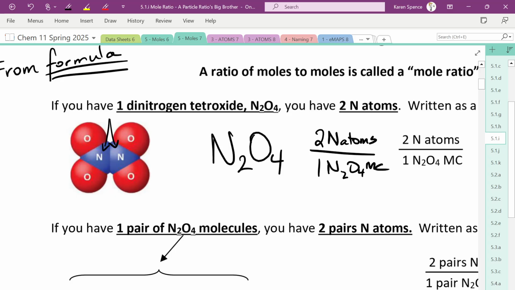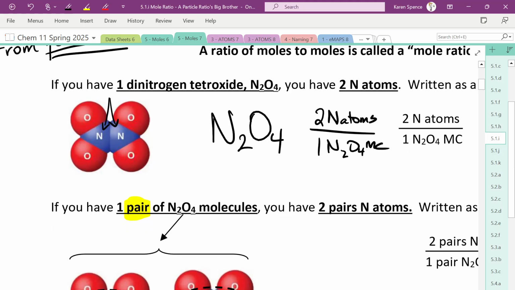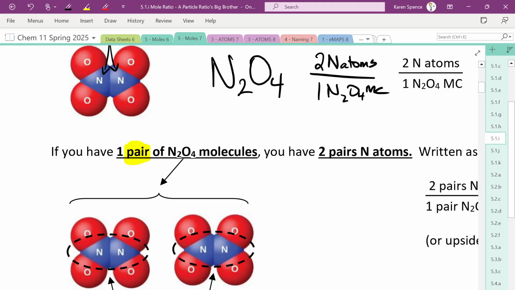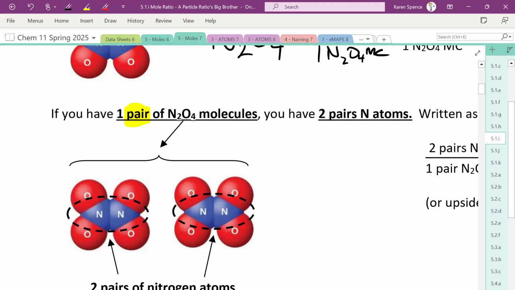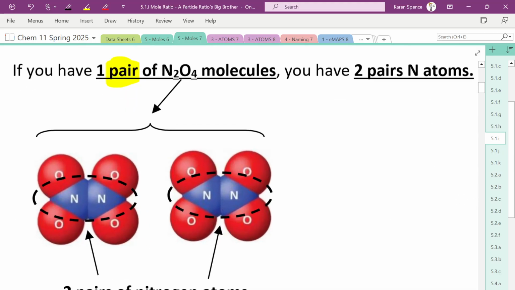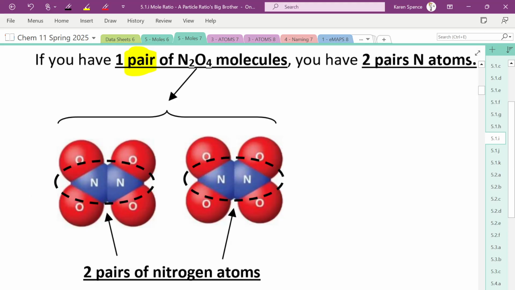Now, what we're going to do is we're just going to scale this up. Ratios scale up. So the ratio is going to remain the same. So if I give you 1 pair, how many is a pair? 2. So I'm giving you 2 molecules, that's 1 pair of N2O4 molecules. How many pairs of nitrogen atoms do we have? We have 2 pairs.